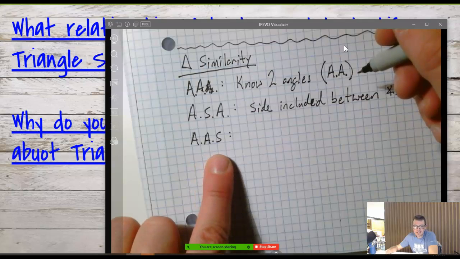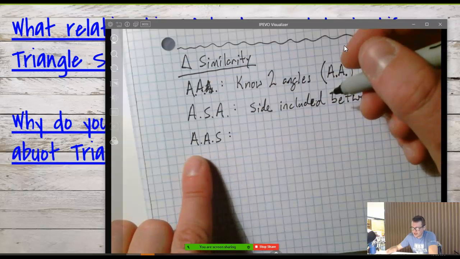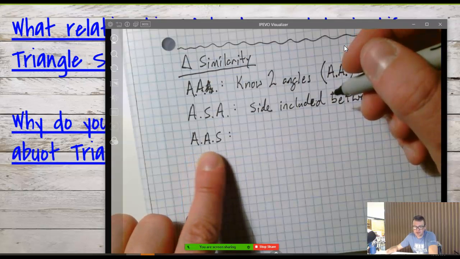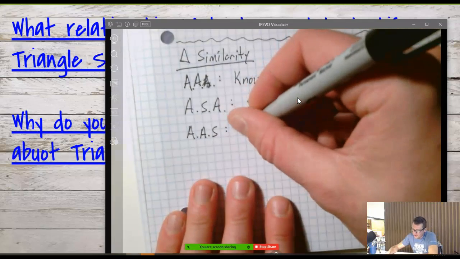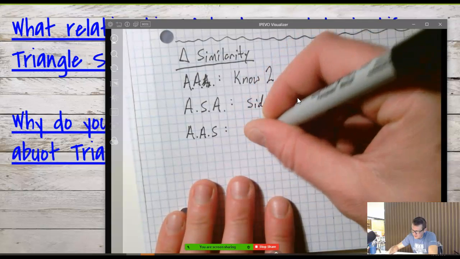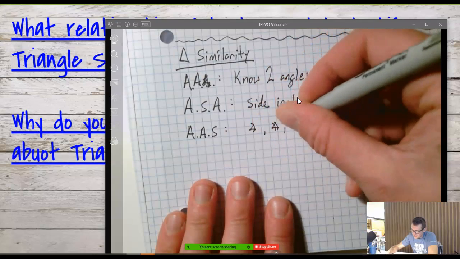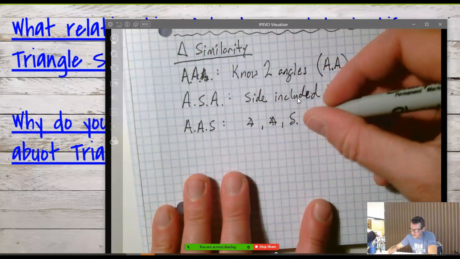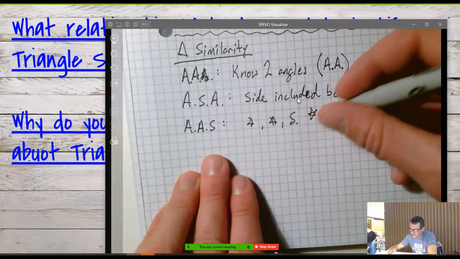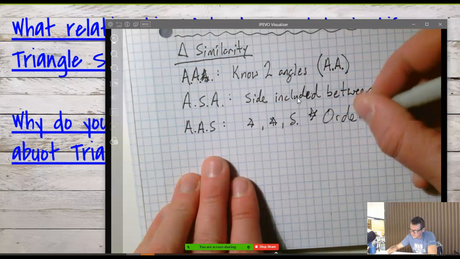So as long as the order matches, you have to check the order of the angles to the side. They have to be the same. So if it's like one arc, then two arcs, and then your side, we have to check the order. So our alert for angle, angle, side is just check the order.